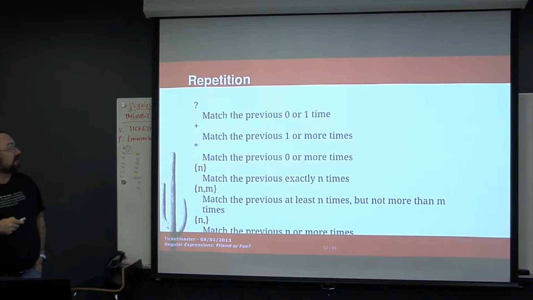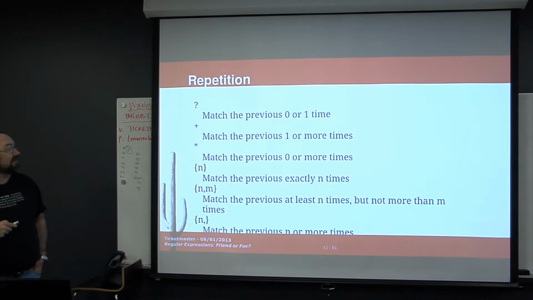Question mark matches whatever's ahead of it 0 or 1 time. And I'm going to point this out now, and I'm going to point this out again later. 0 is tricky. It may not seem tricky, but it's tricky. I guarantee you, it will mess you up when you're trying to do a regular expression. It seems innocent enough, 0 or 1, but when it matches 0 times, a lot of times it will throw you off.